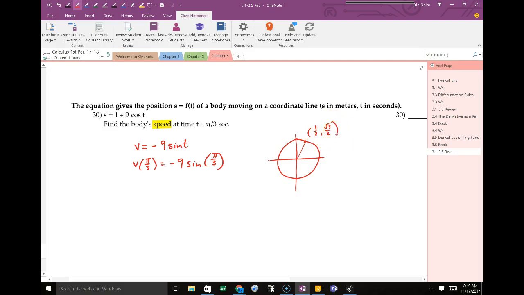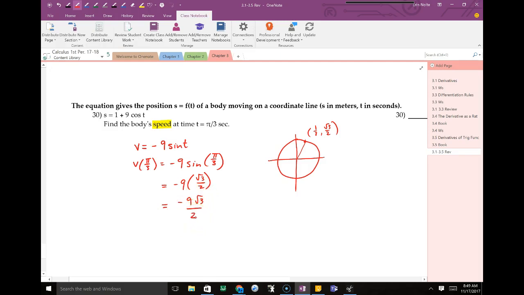Sine is referencing which one? The y. So my y there is the square root of 3 over 2. So now I'm just going to multiply negative 9 times the square root of 3 over 2, which makes negative 9 square root of 3 over 2.